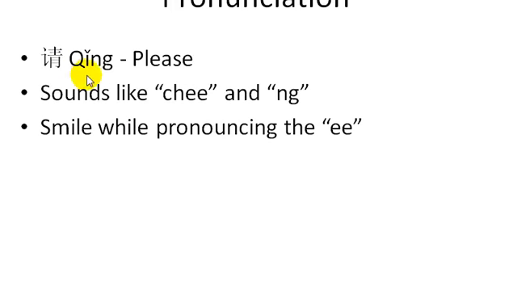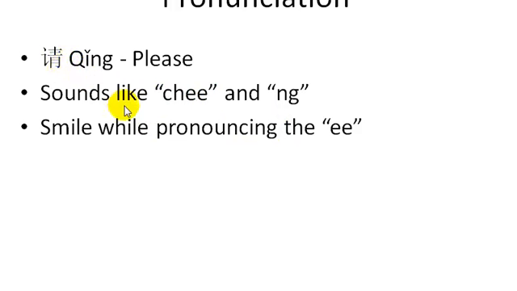Next we have qing, which means please. So in pinyin, the Q sounds like our CH sound. And when you see a Q and an I together, it sounds like chi, like in the word cheap, like this is a cheap cell phone, except without the P, of course. And you're smiling when you're pronouncing this E sound here.